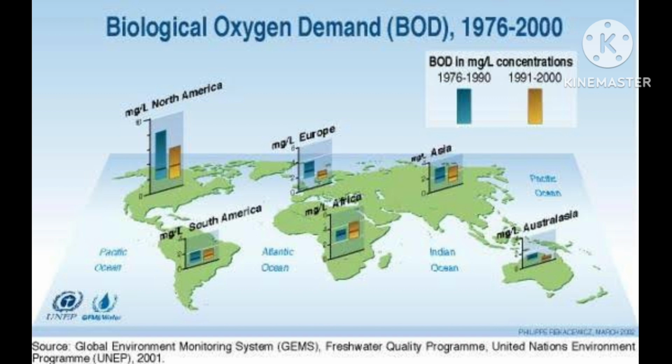It is defined as the amount of oxygen consumed in the chemical oxidation of organic and inorganic waste present in 1 liter of waste water. This is the definition, an important point I told you.